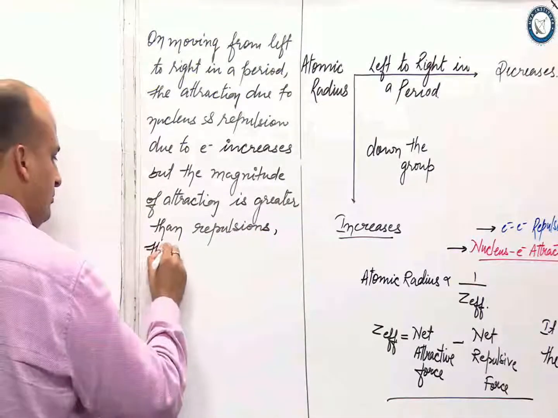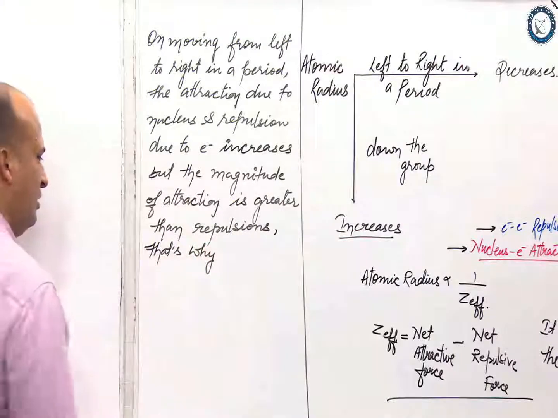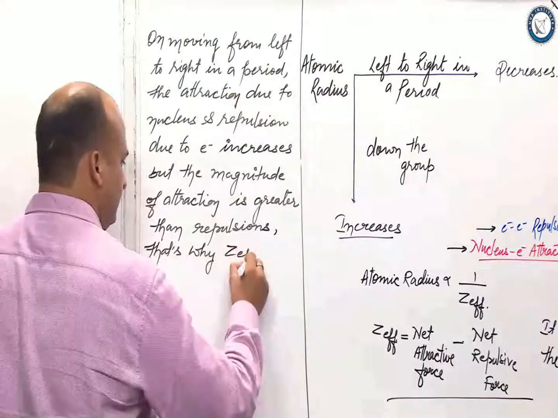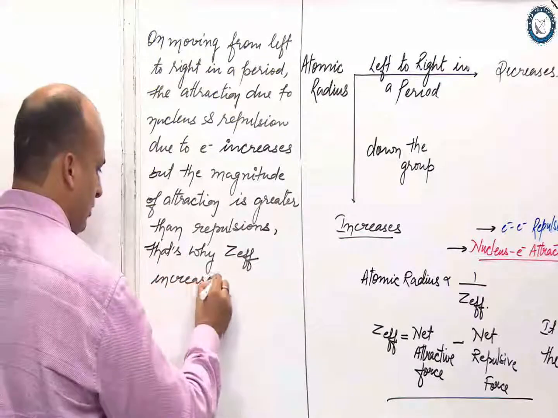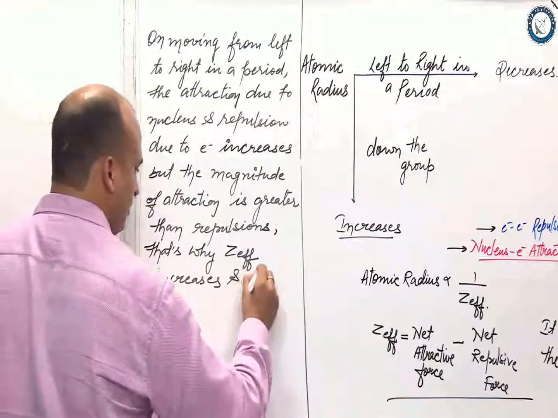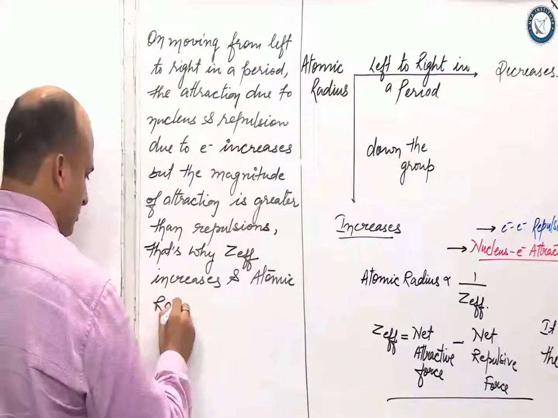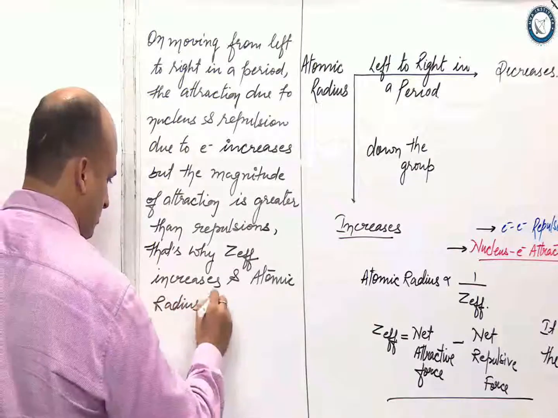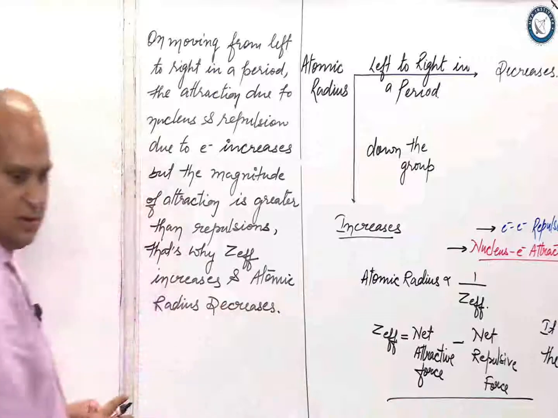That's why Z effective increases and atomic radius decreases. Is this clear to everybody?